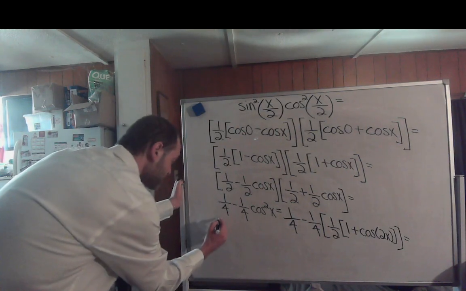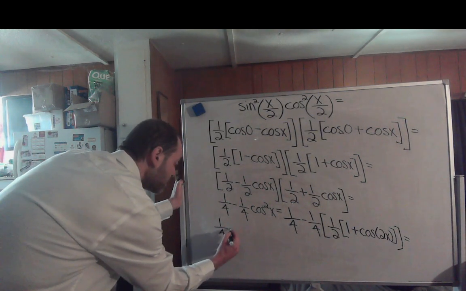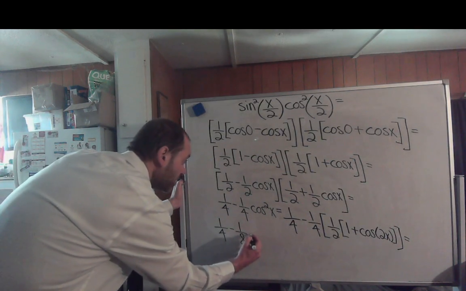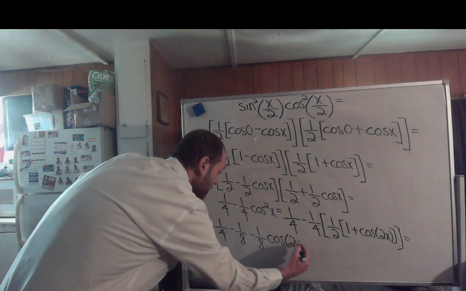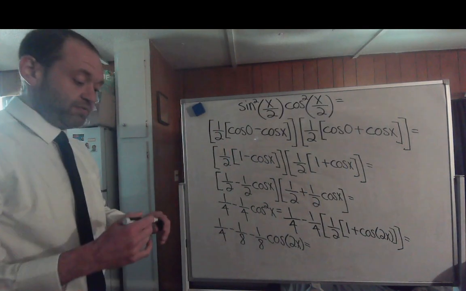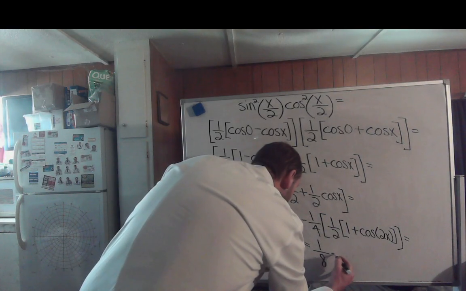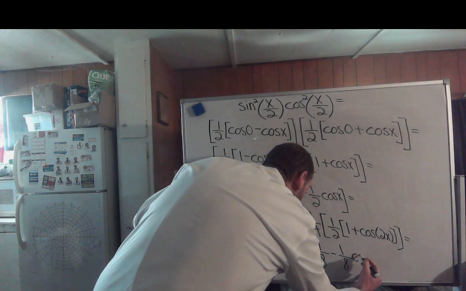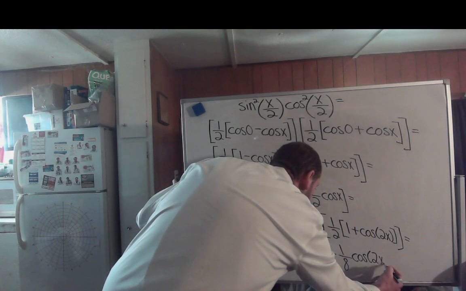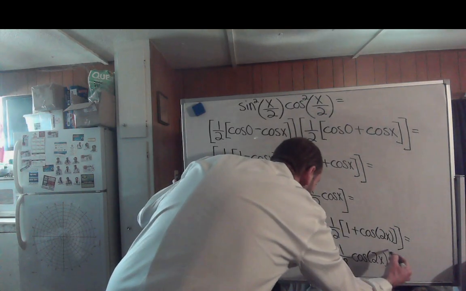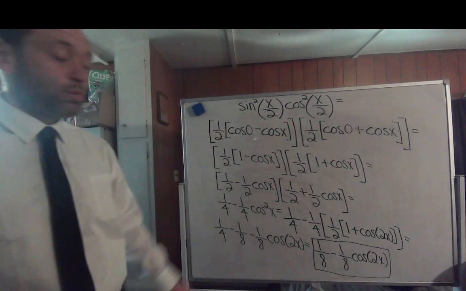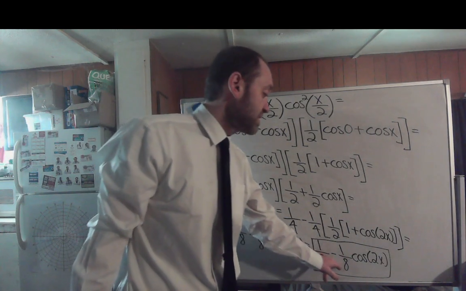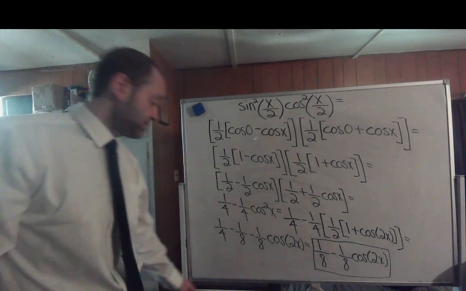Which would simplify this into 1/4 minus 1/8 minus 1/8 of the cosine of 2x, which the only thing left to do to simplify this is subtract that 1/8 from 1/4. You should end up getting 1/8 minus 1/8 of the cosine of 2x. So that sine squared of x over 2 times the cosine squared of x over 2 equals 1/8 minus 1/8 of the cosine of 2x.